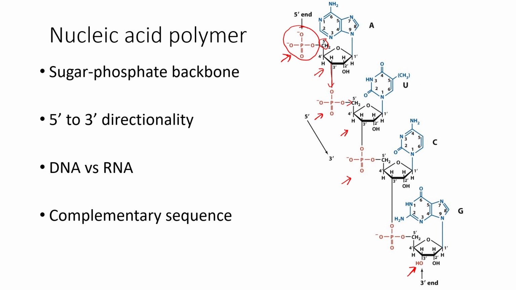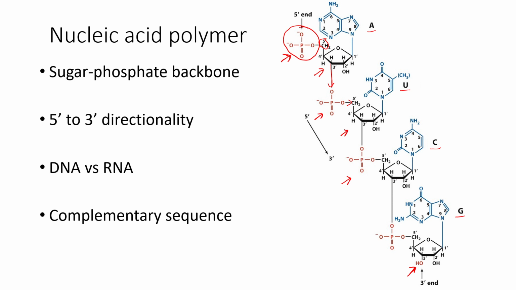And so because of that directionality, we can start thinking about writing our DNA and RNA sequences with that same directionality. And we usually think of it with that 5' to 3' direction. You can start naming your structures usually based on the nitrogenous base, because that is what differentiates your nucleotides. So for our example on the top, we have an adenine, followed by a uracil, followed by a cytosine, followed by a guanine.